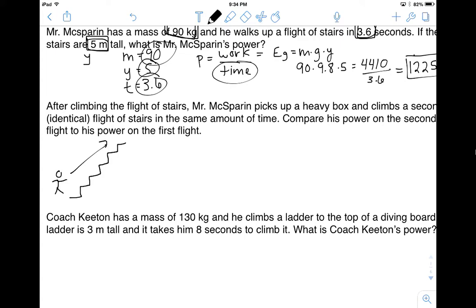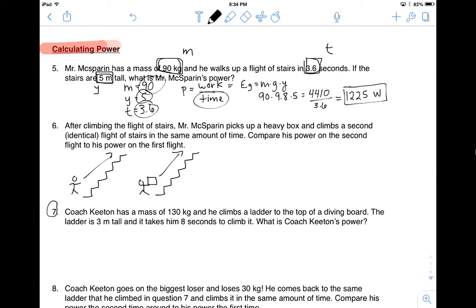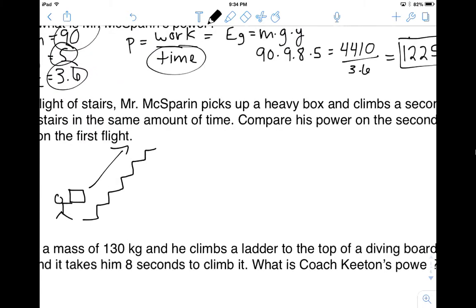And then he does the second flight, but now it's him carrying a box. Well, if he does it in the same amount of time and it's the same height, everything is the same except for one thing. So what's different now? Mass. And in particular, mass increased.